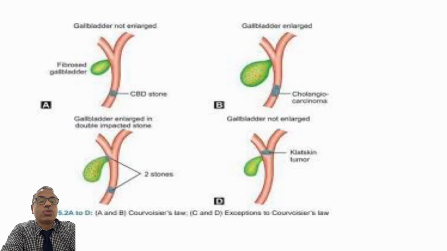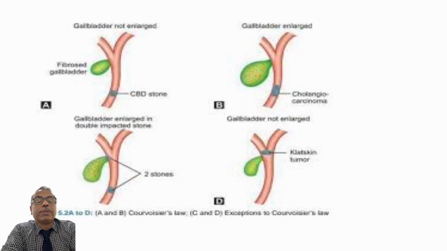There are a few exceptions to this Courvoisier's law, as shown in this diagram. Sometimes there may be Klatskin's tumor, which we have already seen is a cholangiocarcinoma at the confluence, and in that case the gallbladder may not be palpable, but it's still a cause of obstructive jaundice and a malignant one too.